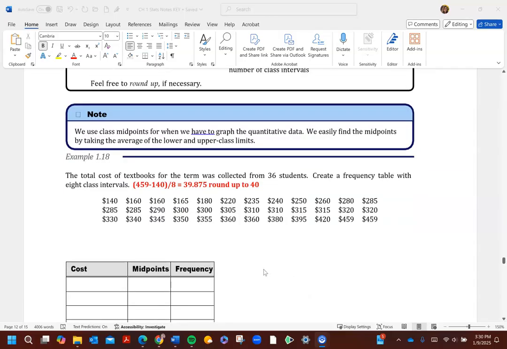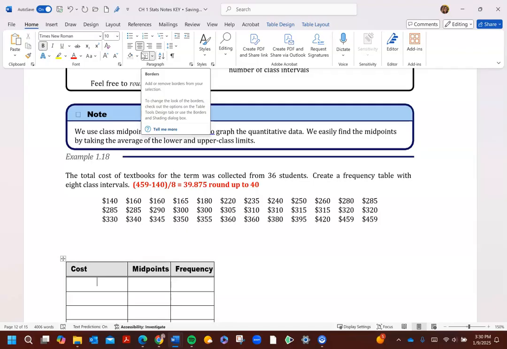So when we fill in the widths in the chart, you want to make sure you actually write it as 140 to 179, because that 140 counts as a value. And then we have 39 more, so that makes 40 total.